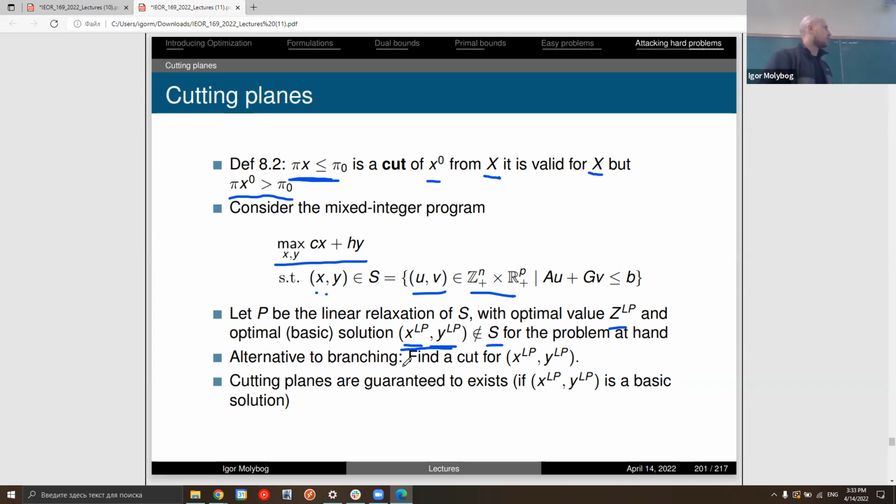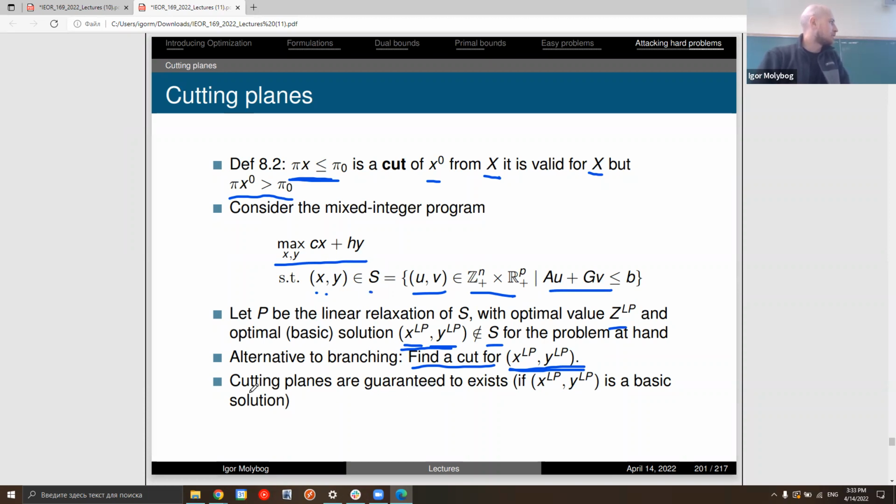An alternative to branching would be to find a cutting plane for XLP and YLP, finding an inequality that is a valid inequality for the original set S, but is violated for this XLP YLP point, and add this cut to the original problem formulation, to this set of inequalities, and we are done.